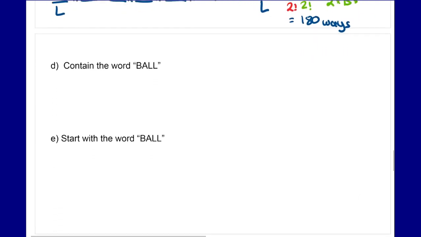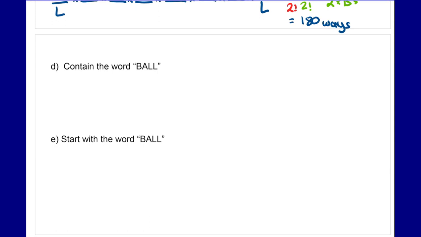What if it had to contain the word ball? So if we had to have B-A-L-L as a word, those have to stay together, B-A-L-L.